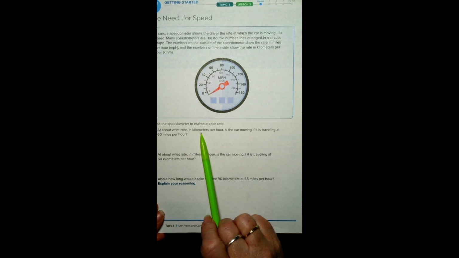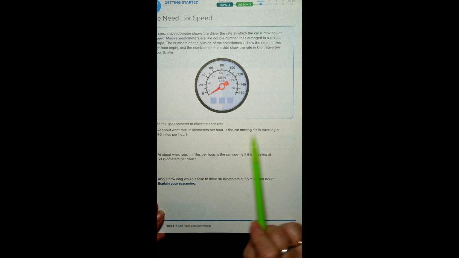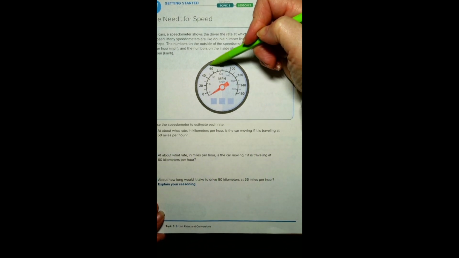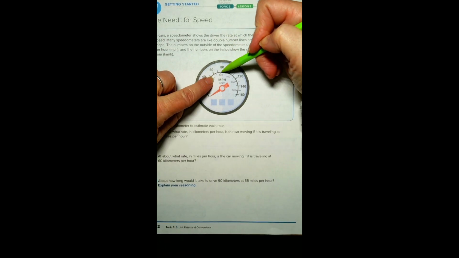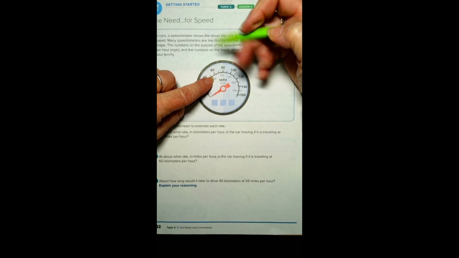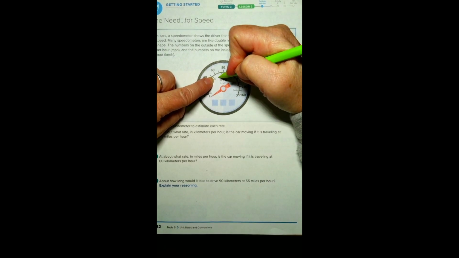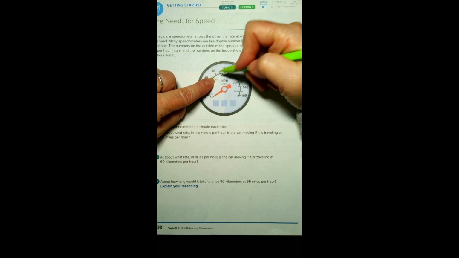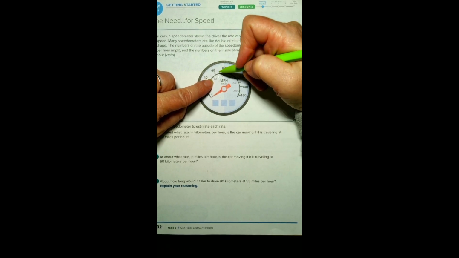At about what rate in kilometers per hour is the car moving if it's traveling 60 miles per hour? So here's the 60 miles per hour, and down here's the kilometers. So here's 80 kilometers, here's 120. So this line right here is 100 kilometers per hour. It's halfway between the 80 and the 120.